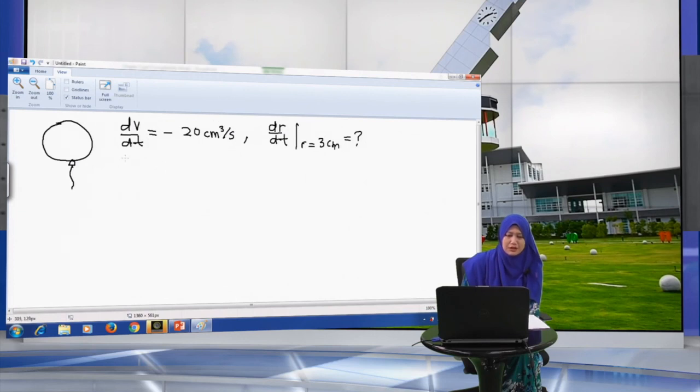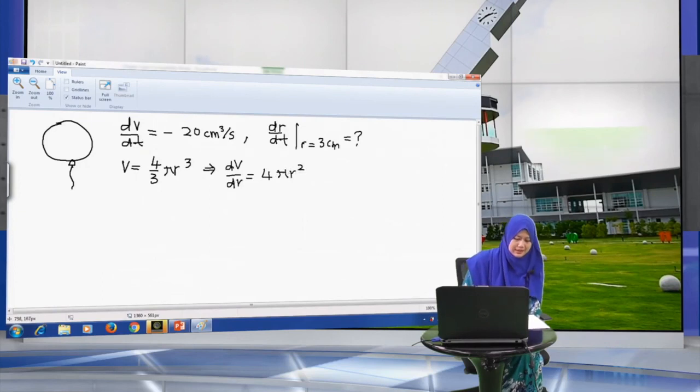What is the volume of a sphere? Volume of a sphere is V equals 4 over 3 pi r cubed. And from this we can find dV/dr equals 4 pi r squared. Okay, you know this, right?